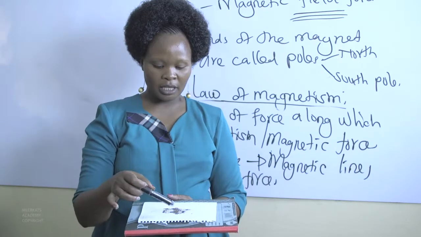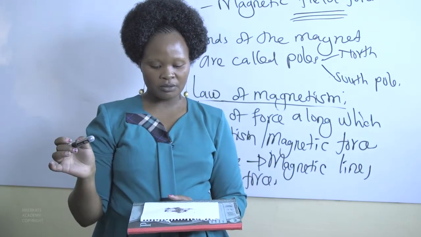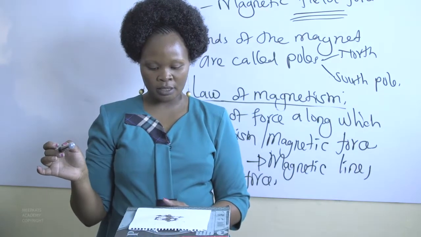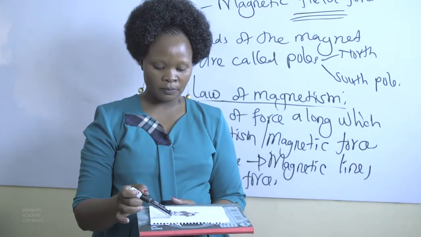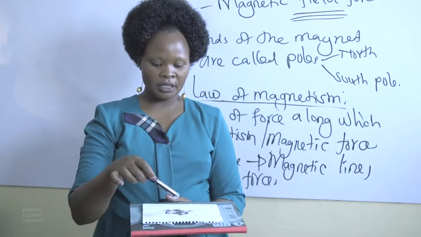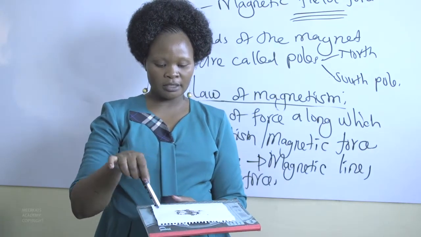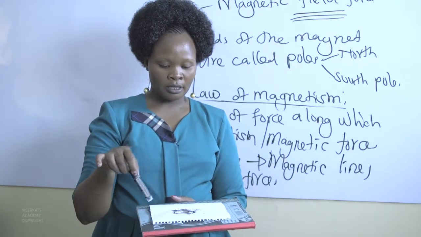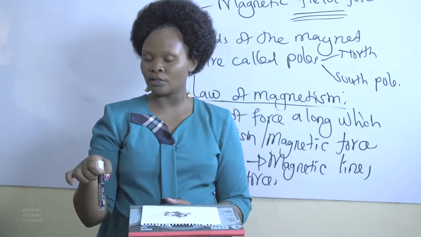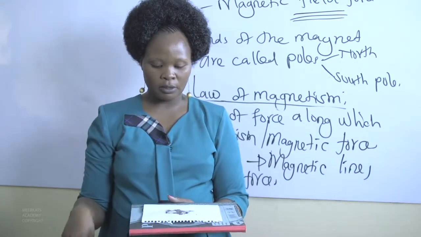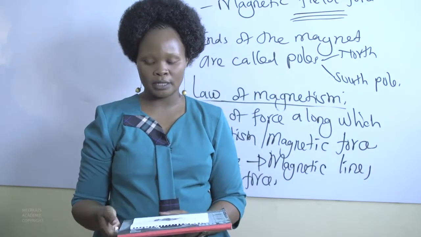It is worth noting that at the poles, that is where we have the highest concentration of the iron filings that we are using, and I will tell you the reason right now. It is because the field is strongest at the poles and lessens in other regions around the magnet. That is why we have concentration of iron filings being dense on areas around the poles and lessening towards the other regions of the bar magnet.